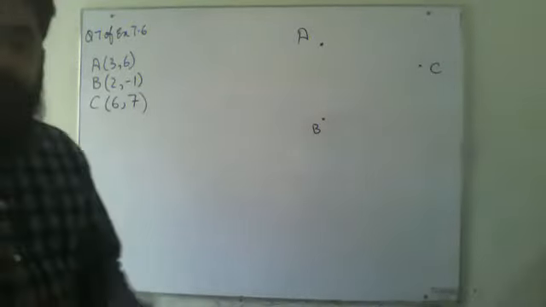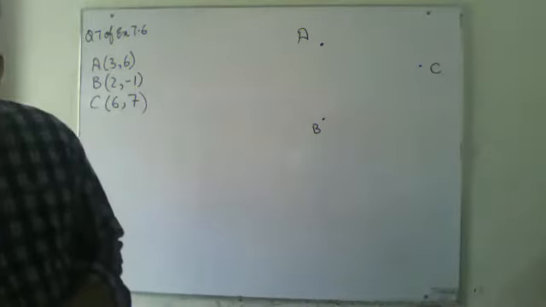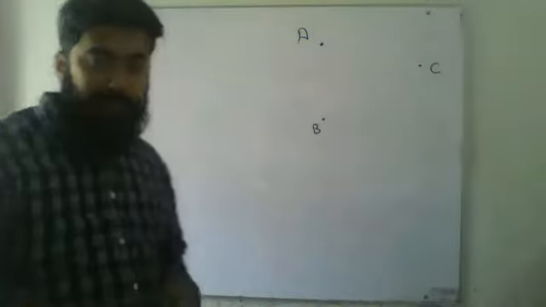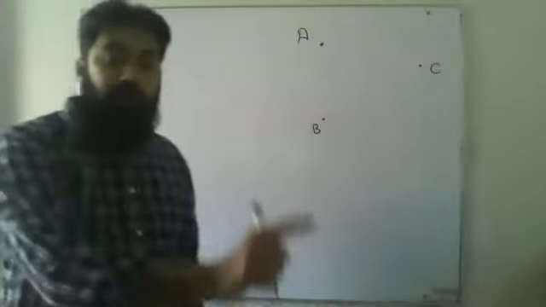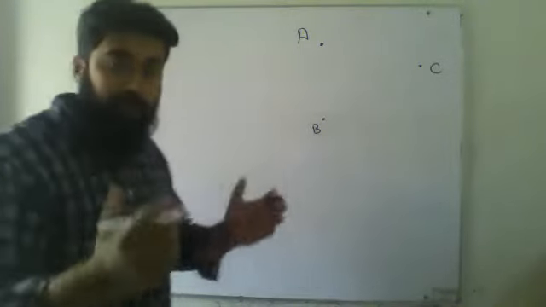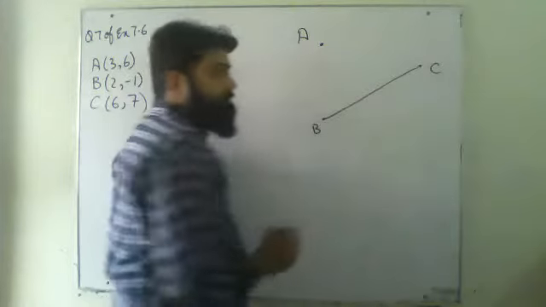Foot of perpendicular from A to BC. This is the whole statement given. So what does it mean? First of all, I am connecting BC.